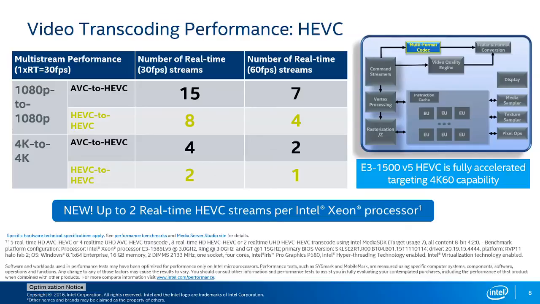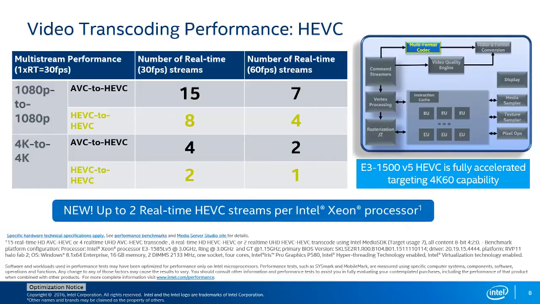So what we're looking at here is, if you've got 15 transcodes at 30 frames per second, that means that's at least 450 frames per second of capacity. So you could use that to process 7 streams at 60 FPS like we have here.